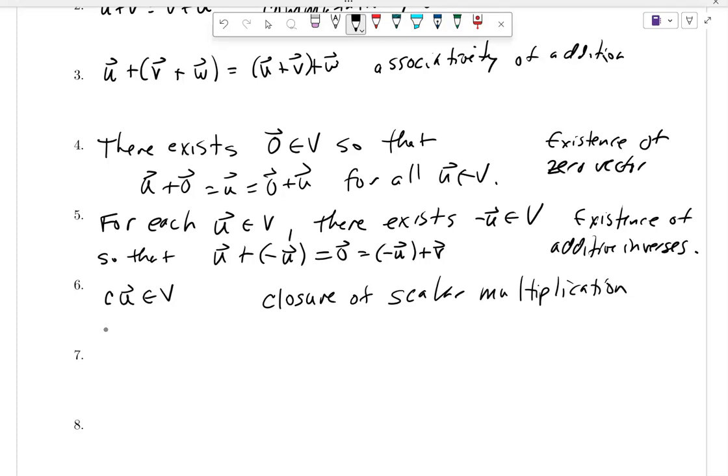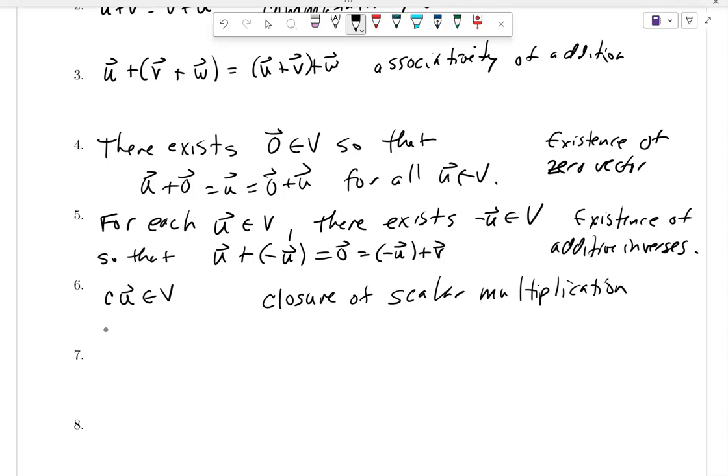To give you a specific example of something that would not be closed here, let's say that as your vectors, you make them two-dimensional, but you only allow rational coordinates, only fractions. To be a real vector space, your scalars are any real number.